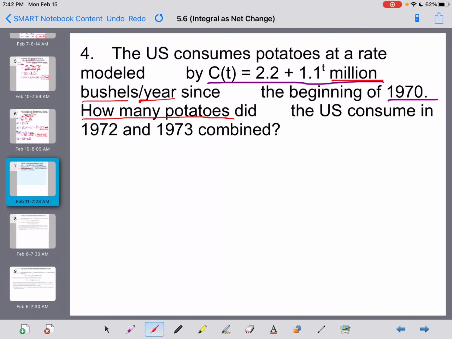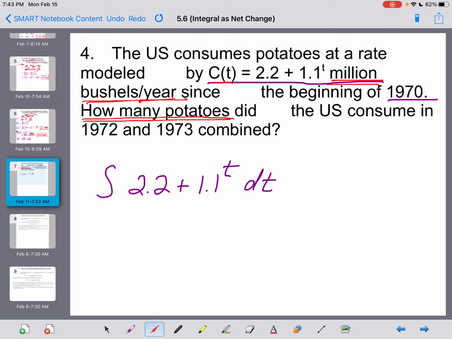So the question becomes, how do we go from a rate function like C of t, million bushels per year, to just a measurement function, a consumption function here of the number of potatoes? And the answer to that is we are going to have to integrate. We're going to do a definite integral of our consumption function, which is fun to say, 2.2 plus 1.1 to the t power, and we're taking that with respect to t.